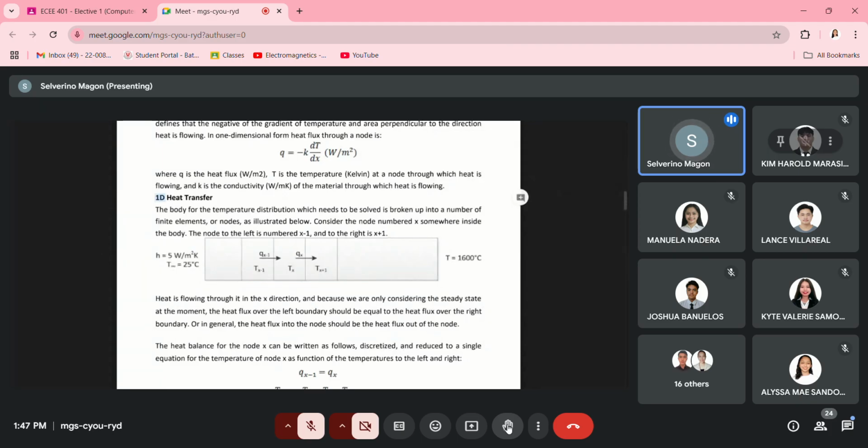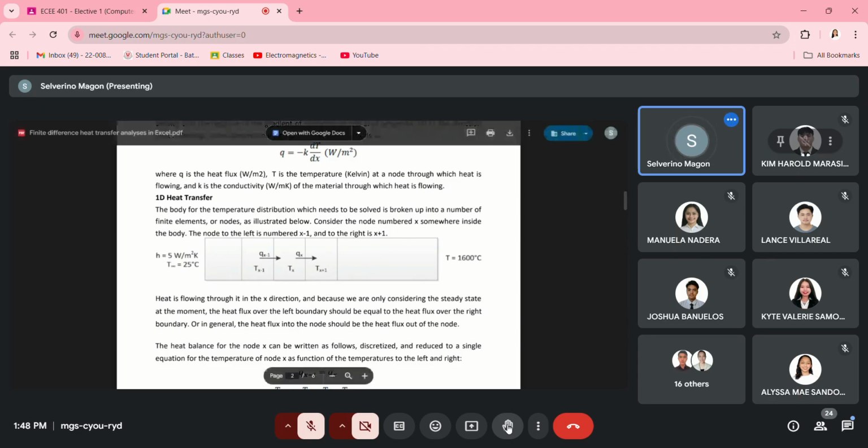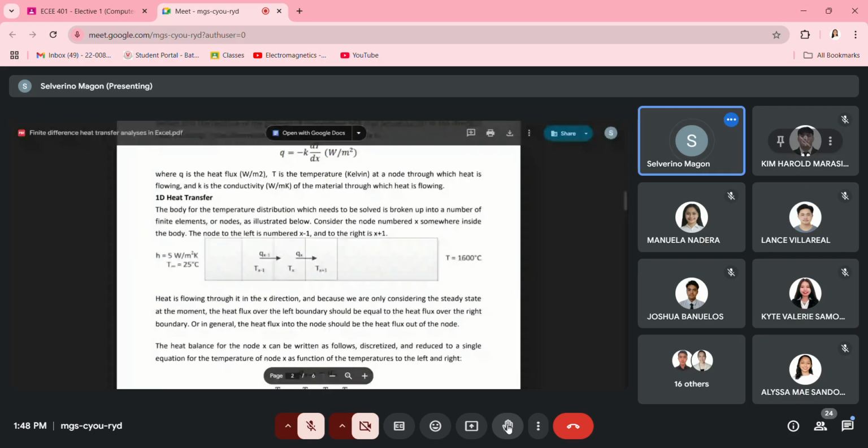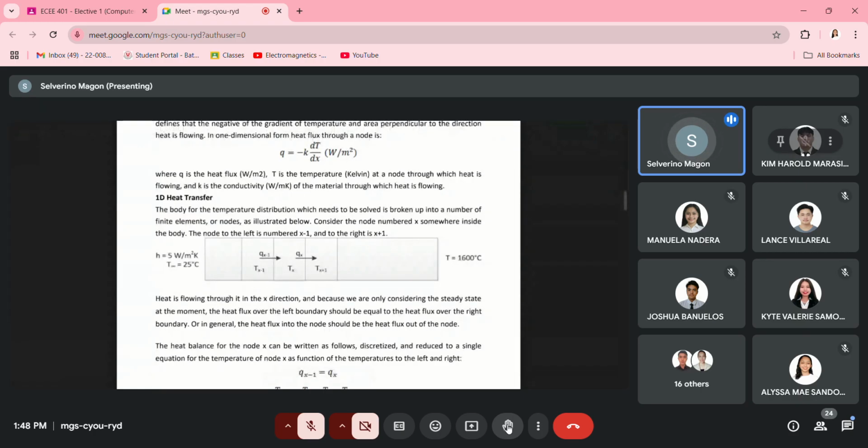So for the 1D analysis, we have been provided the following boundary conditions where the rightmost node is set at 1600. I guess this should be in K. Looking at some typo here, but anyway, we'll just stick with the figures as K values, as defined here. Now we have a fixed set temperature at 1600 on our right side.